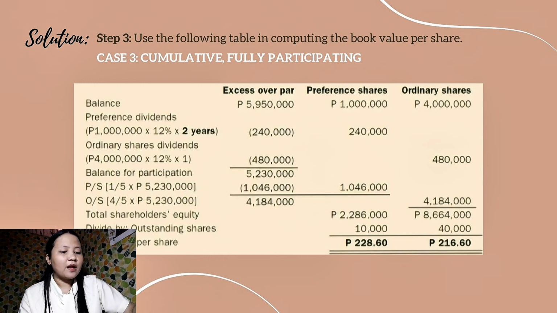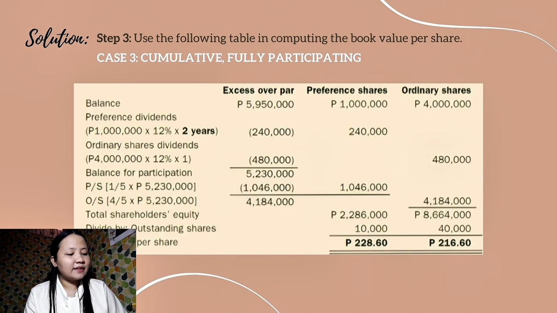It will give us the amount of 480,000 in ordinary share dividends. We deduct that amount from the excess over par. So our balance in the excess over par after deducting the dividends is 5,230,000.